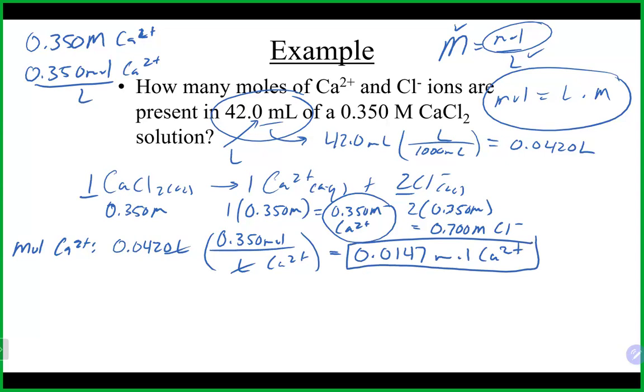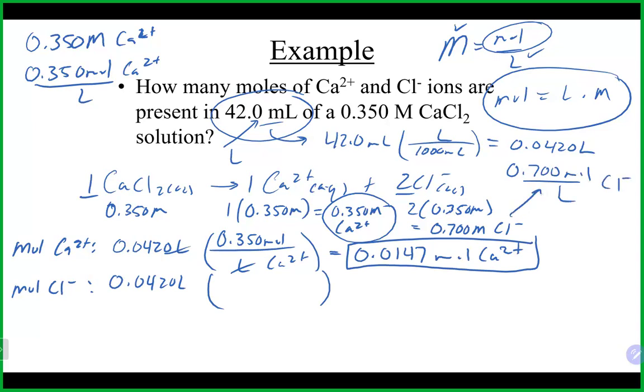We'll do the same thing for our chloride. So our moles of Cl minus would be still the same volume, converted to liters. Just like the other one, I'm going to turn my 0.7 molar into moles per liter of chloride, again showing both of the units.